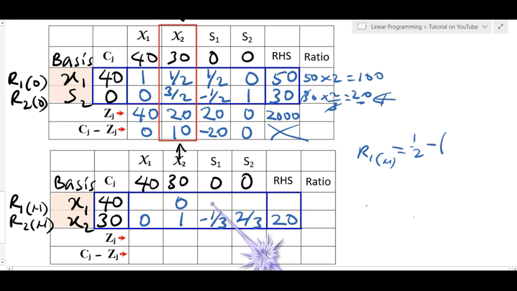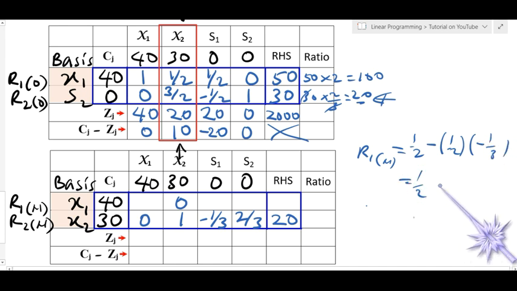Our x is the value here, this half, into the pivot row value, which is this value here, minus 1 over 3. That will be equal to half plus 1 over 6. LCM is 6. That is 3 plus 1, which is 4 over 6, which is 2 over 3. So here is going to be 2 over 3.